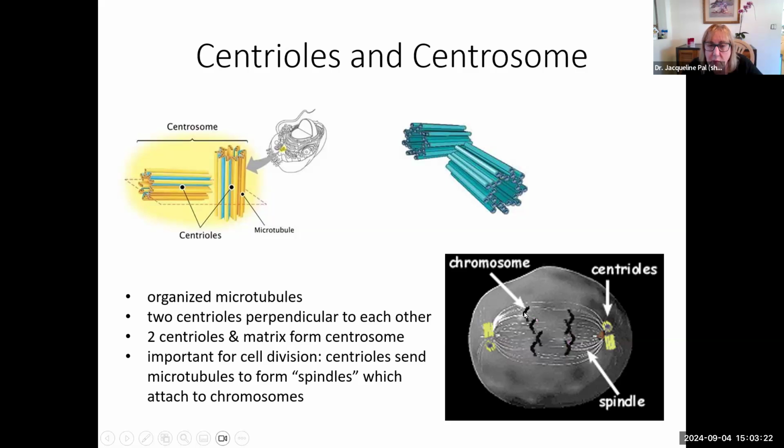That is called a spindle. Then those spindles are going to be pulling the chromosomes back towards the north and the south pole of the cell, or the east and west pole, whatever you want to call them. They pull them to opposite poles of the cell. And so that's going to be important in cellular division.